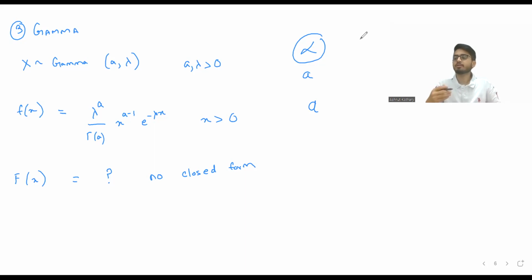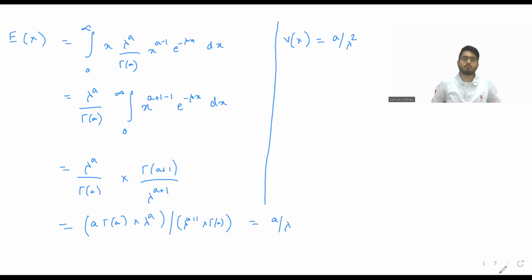So you can think of the exponential distribution as nothing but a special case of the gamma distribution where alpha takes the value 1. So you can take this down: when alpha takes the value 1, the gamma distribution gets reduced to the exponential distribution.